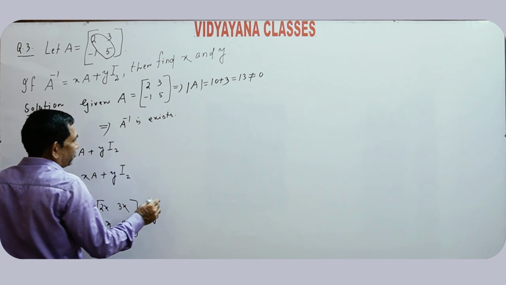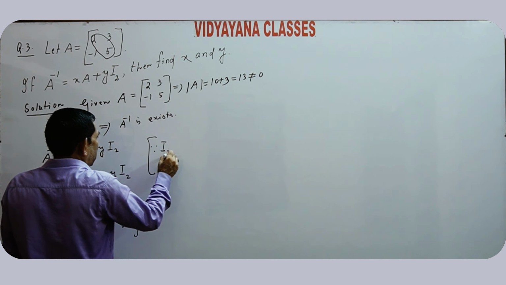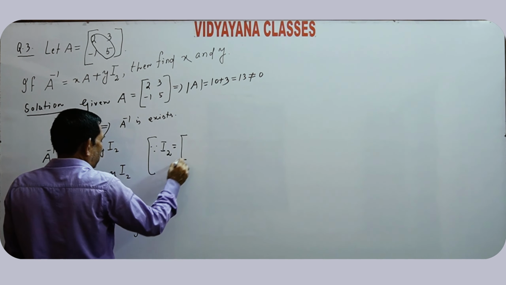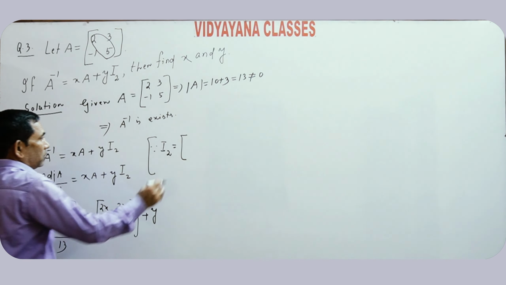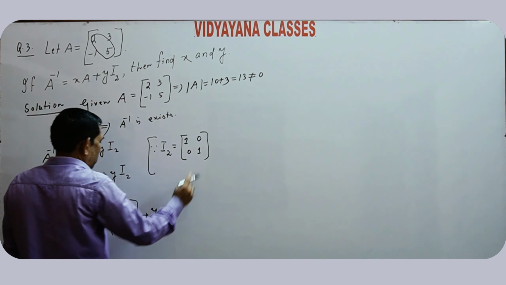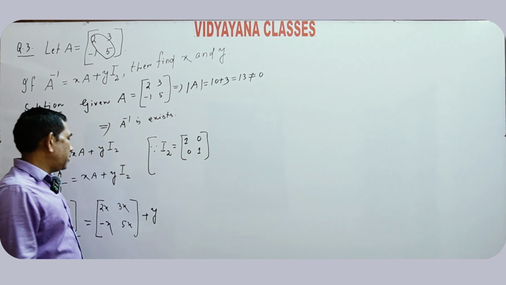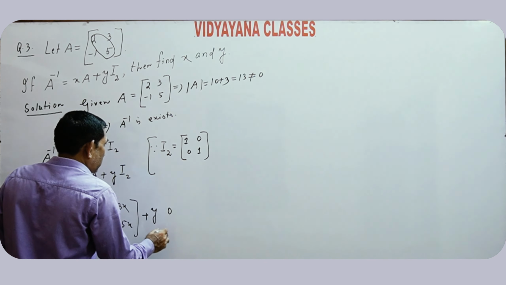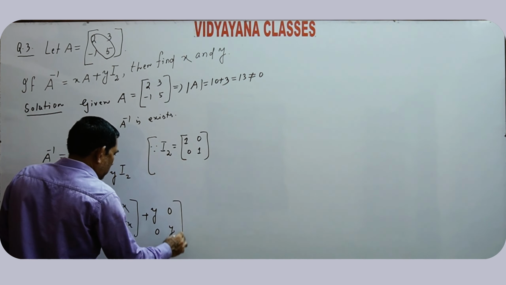I2 means unit matrix or identity matrix of order 2, 1, 0, 0, 1. Y is the scalar. Y into I2 gives y, 0, 0 and y.